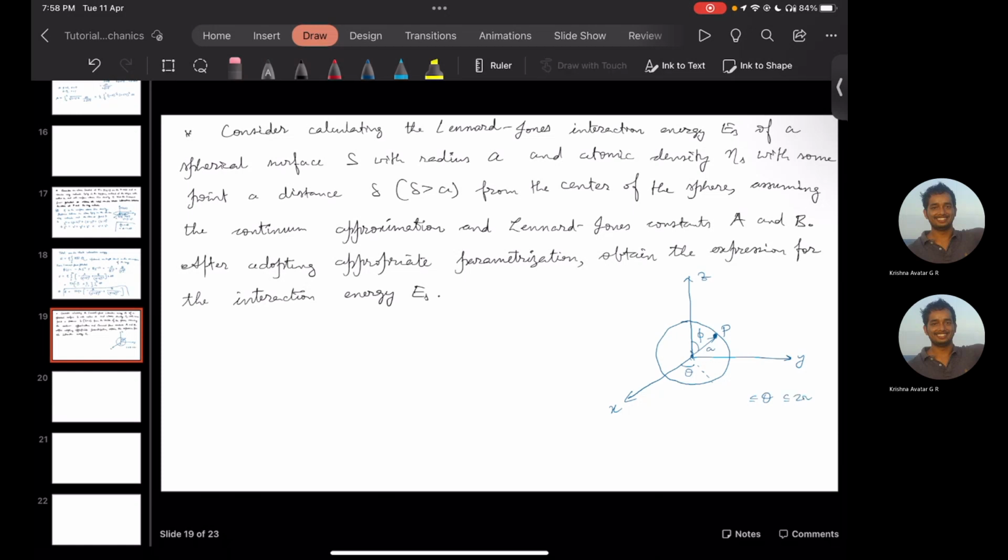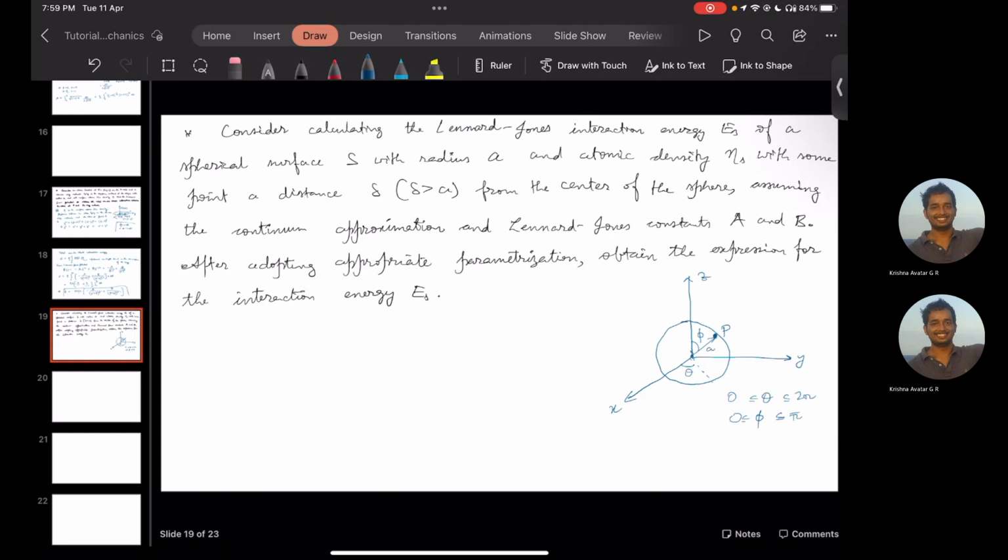Or you can even have minus pi to pi. We'll stick with 0 to 2 pi in this case. Either are equivalent. And then phi goes from 0 to pi.